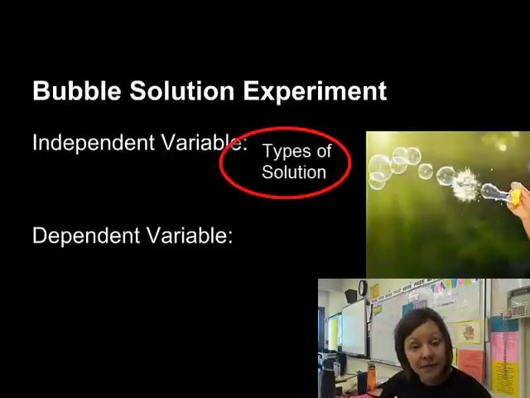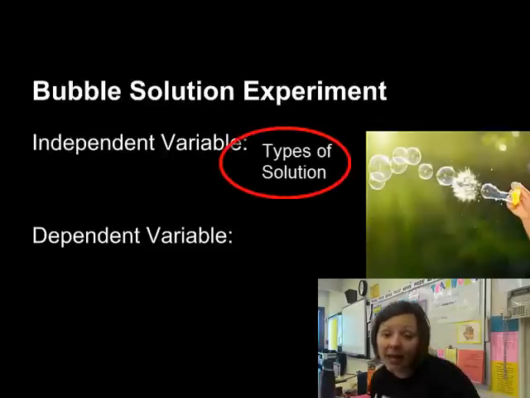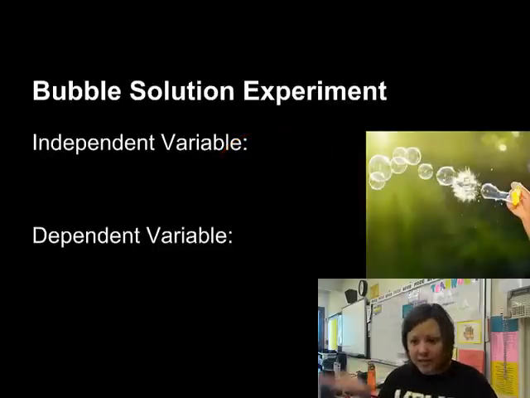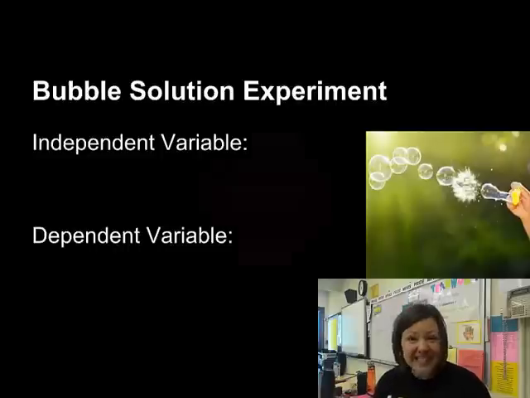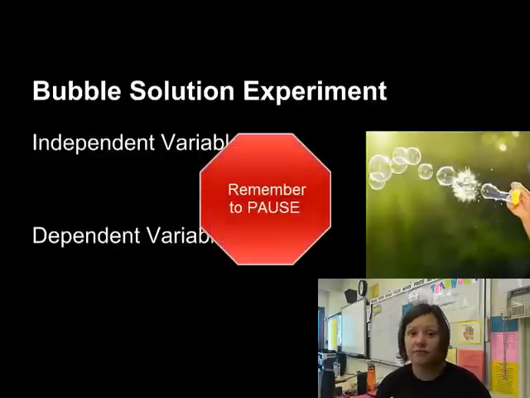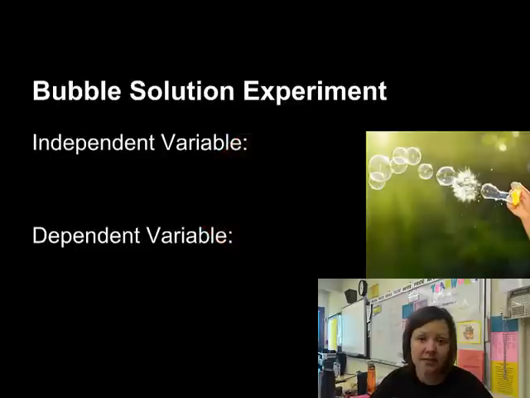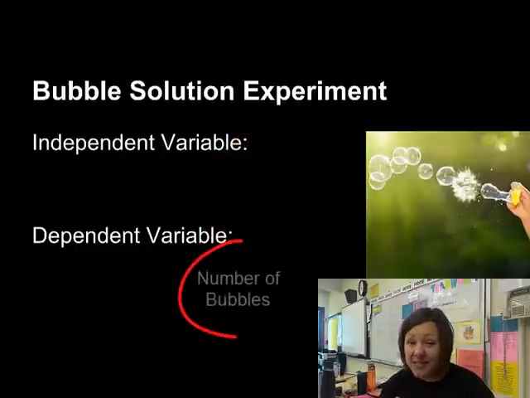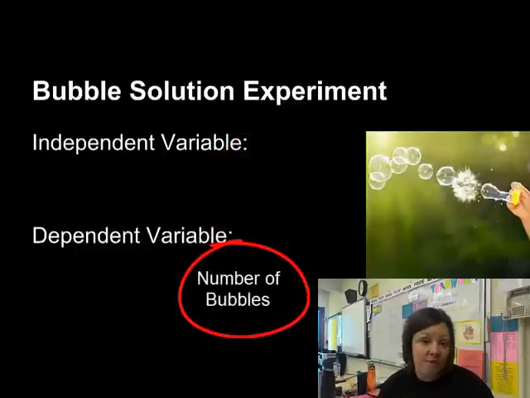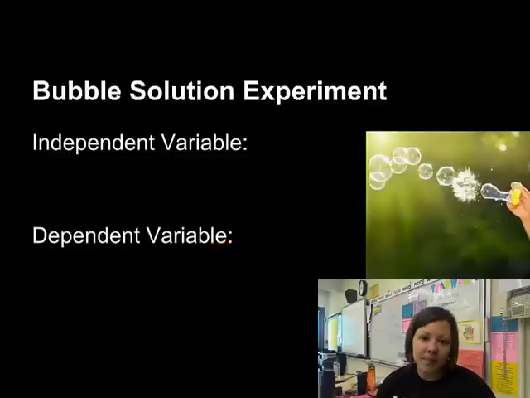His independent variable in that experiment was the kind of solution. He switched and changed the different solutions. Now, what would be his dependent variable in that situation? Pause for a second and see if you can get it. If you said the number of bubbles, because he wanted to get the most bubbles, that would be correct. That's what he was going to be counting. Now, obviously, in that experiment he would have to make sure a lot of things are controlled.